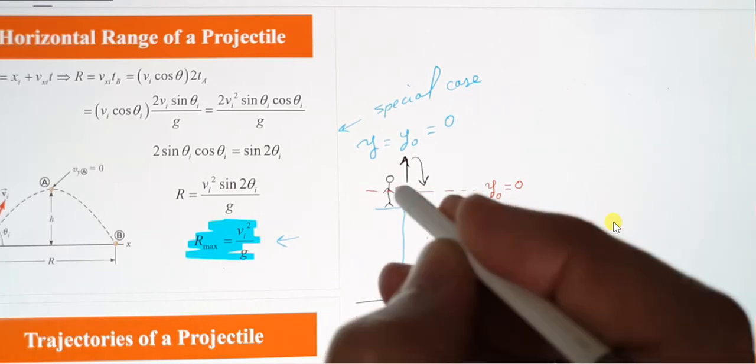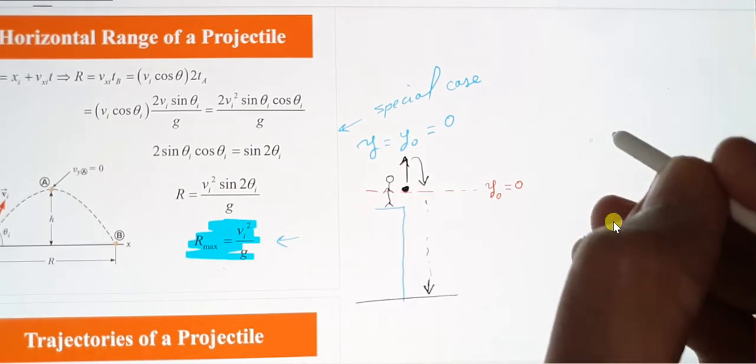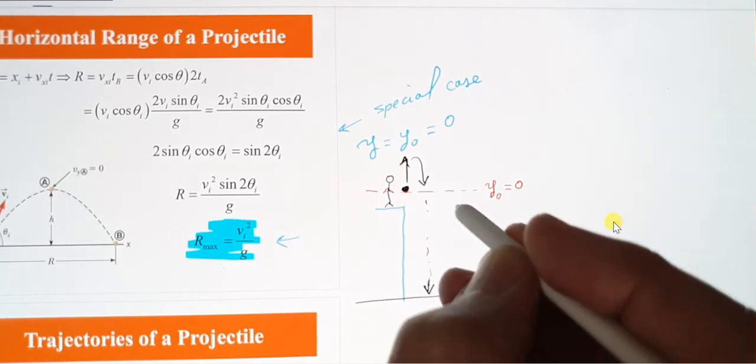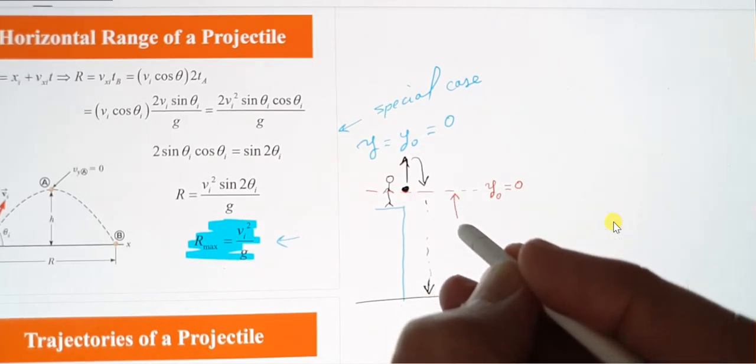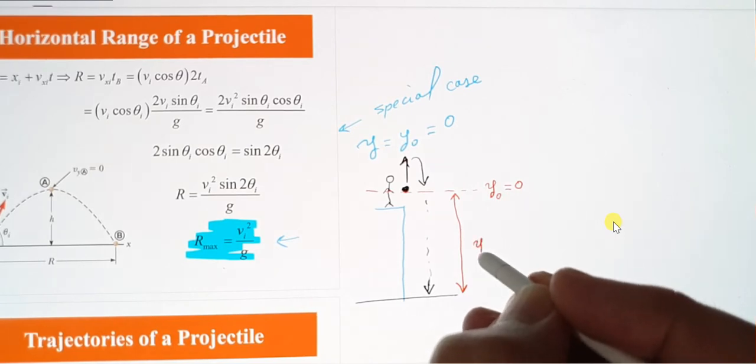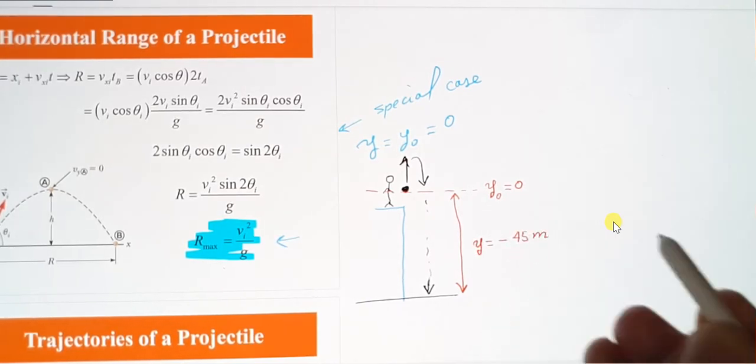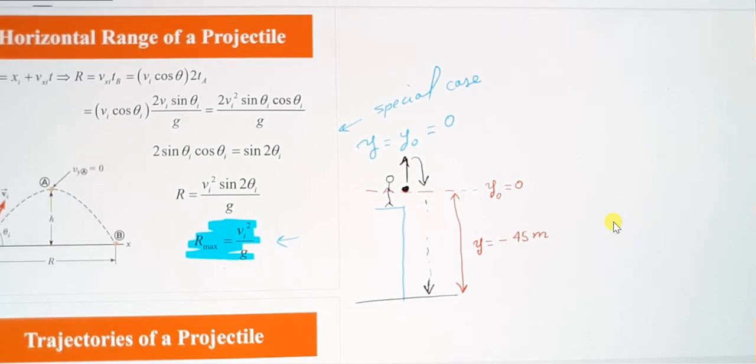In chapter 2, we said that this is y, if you still remember, and it was, if I'm not mistaken, minus 45 meters. So you cannot find anything with those equations if y is less than or more than y naught. This is just a special case.